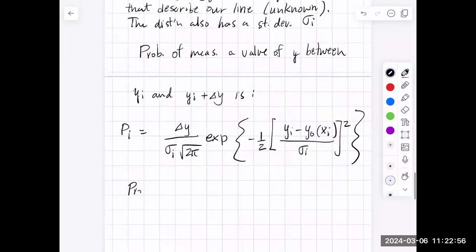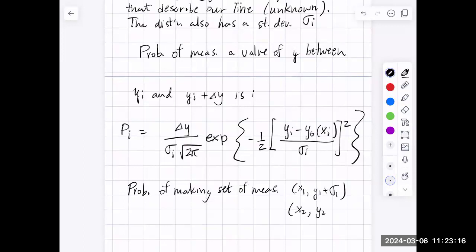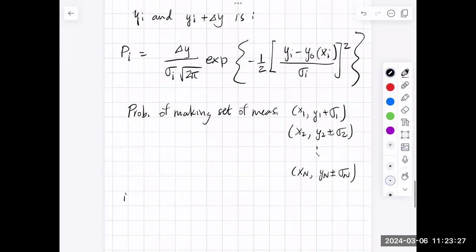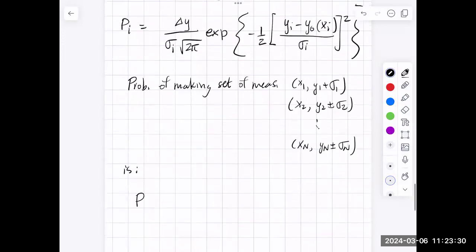So the probability of making a set of measurements x1, y1 plus or minus sigma 1, x2, y2 plus or minus sigma 2, and so on to xn, yn plus or minus sigma n is, okay, so P. This probability is going to be a function of A0 and B0.